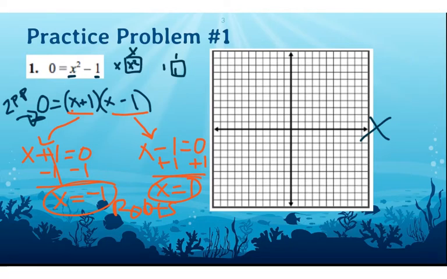Remember all those words. So at -1 and at +1. Okay? I know that those points are where my quadratic is going to intersect with the x-axis.